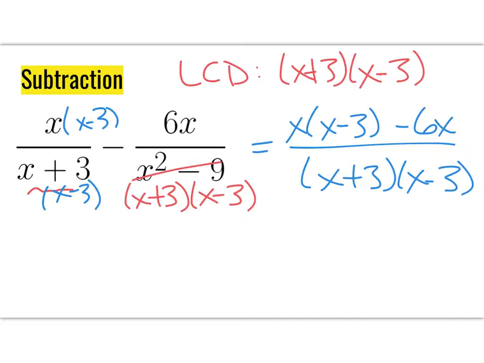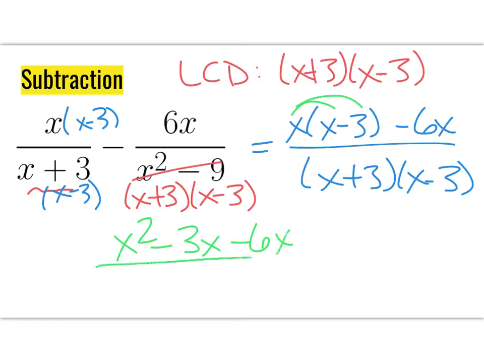Distribute across that first set of parentheses for x squared minus 3x, and then we also have the minus 6x. Put that over x plus 3 times x minus 3.